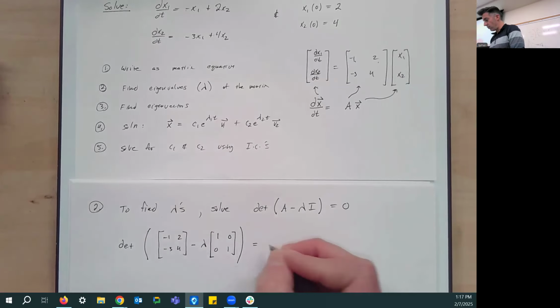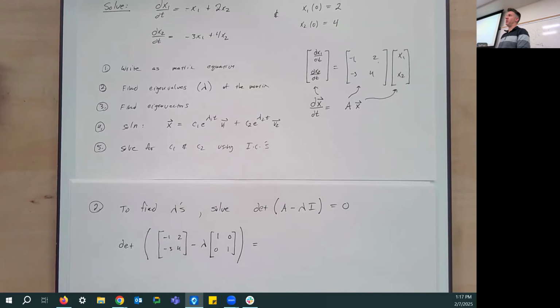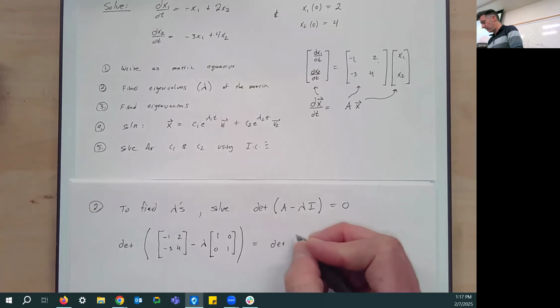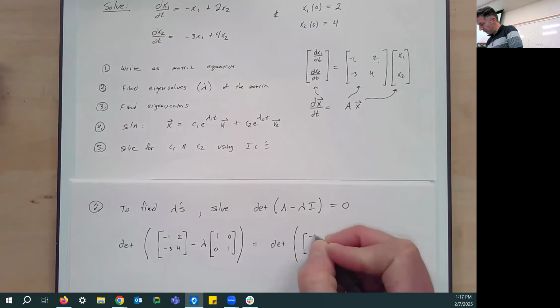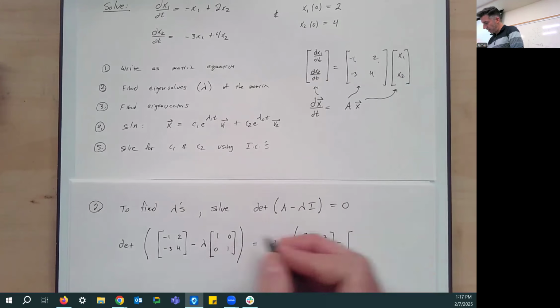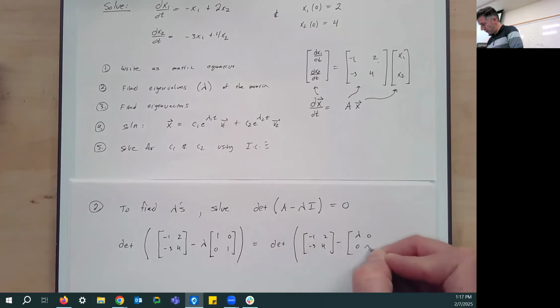So then what you should do is not write all this down. I mean, you should write this down now, but when you're doing this, you shouldn't write all this down. You should just say, I'm going to take the determinant of my matrix -1, 2, -3, 4, minus, and I'm going to distribute the lambda and get lambda, 0, 0, lambda.